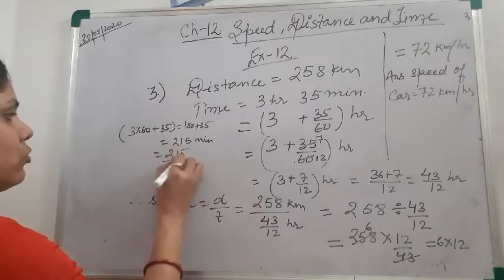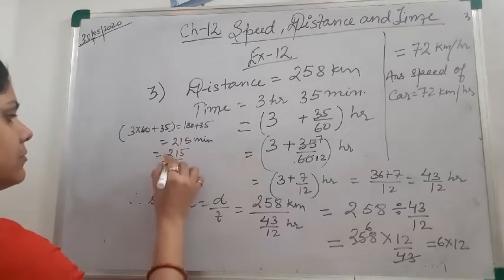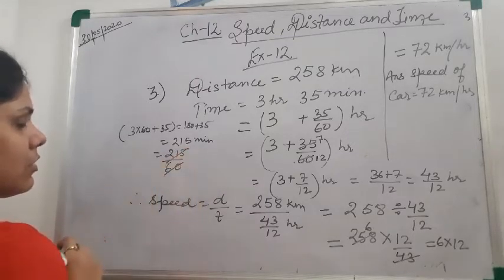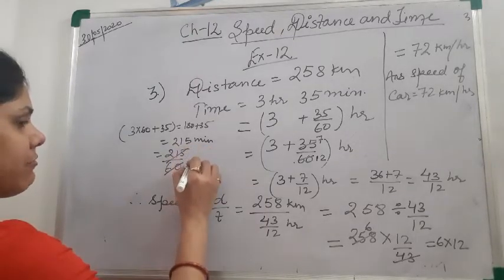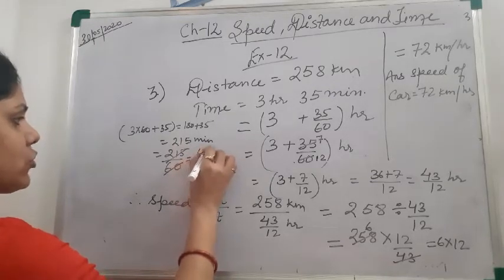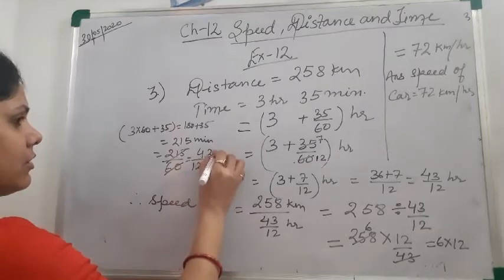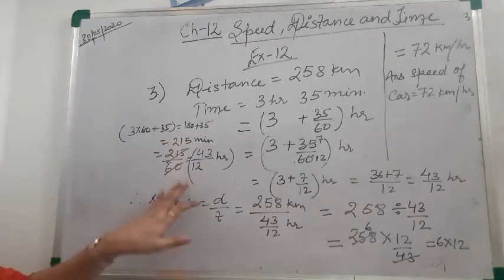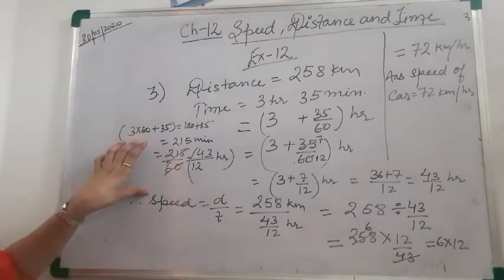Now convert into hour by dividing by 60. 5 ones are 5, 5 twos are 10, 5 fours are 20, 5 threes are 15. See, your conversion is coming the same. This is also a correct conversion method.